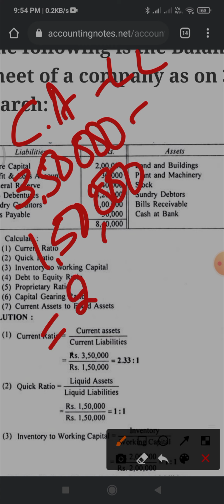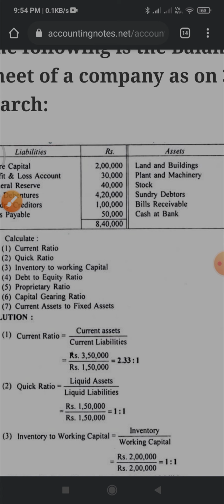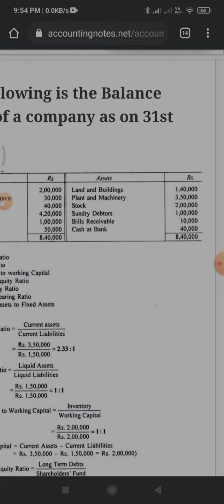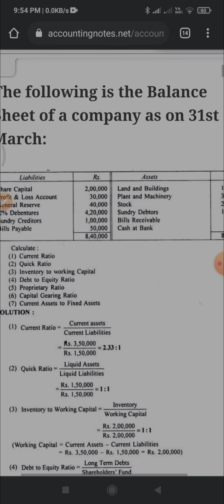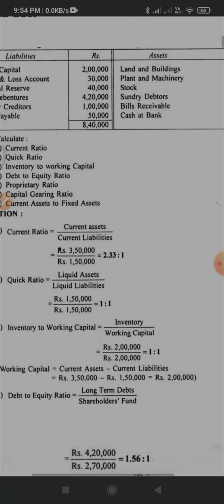How much is remaining? 2 lakh. 2 lakh is called working capital. And inventory is how much? Inventory is 2 lakh and working capital is also 2 lakh. Your ratio comes to, inventory to working capital, 1:1.